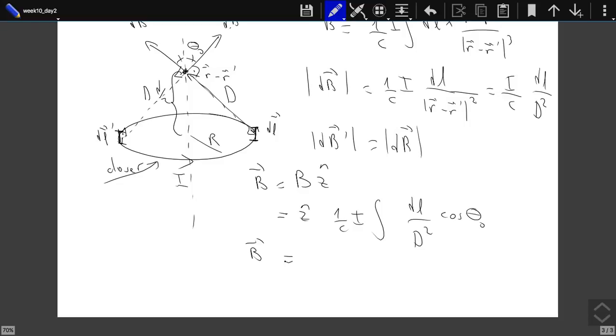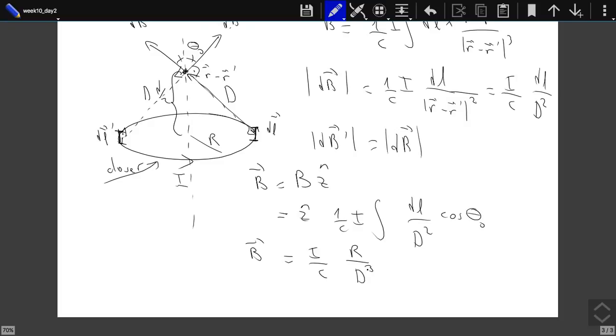So that's why I multiply it with cosine theta 0. So B is equal to I over c. Well, along my path, theta 0 is constant, and that cosine theta 0 is nothing but R over D. Then I have that D is constant, so I can take the 1 over D squared also out, so that's D cubed.